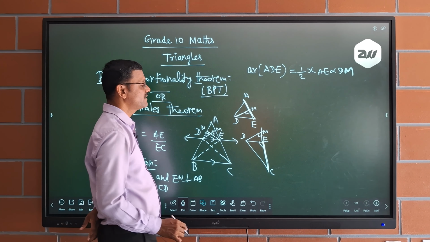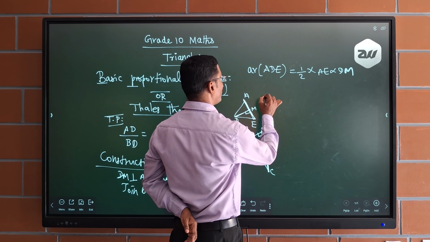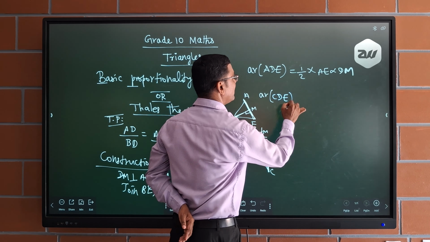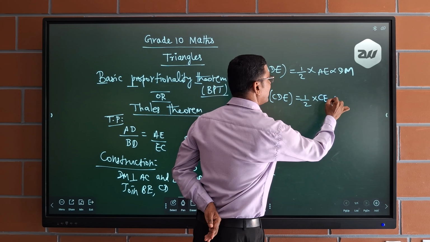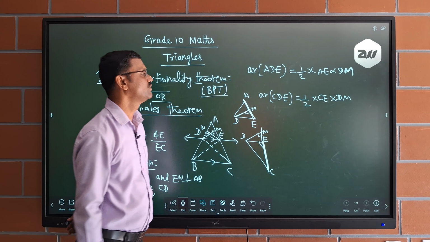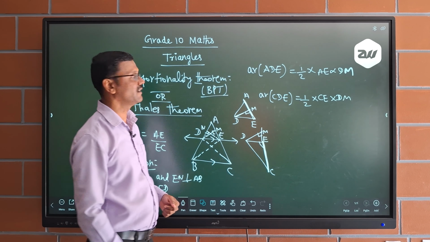So CE is the base, DM is the height. So what is the area? Area of triangle CDE is equal to half into base CE and height DM. Height is DM. So again I find the ratio of the areas.